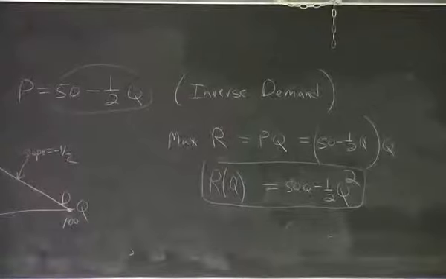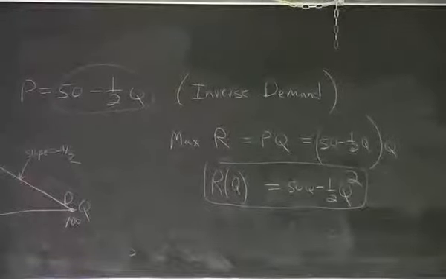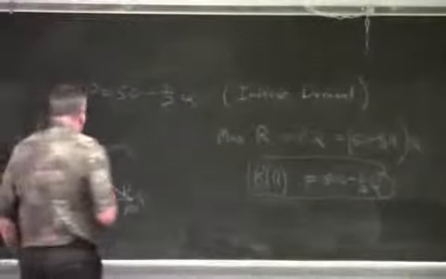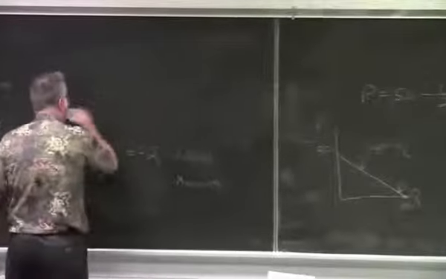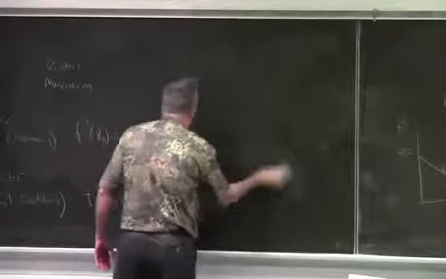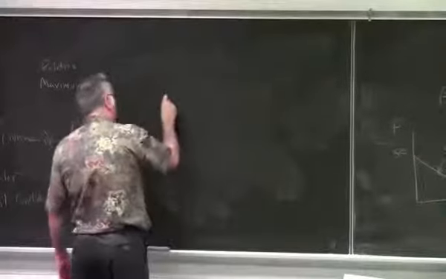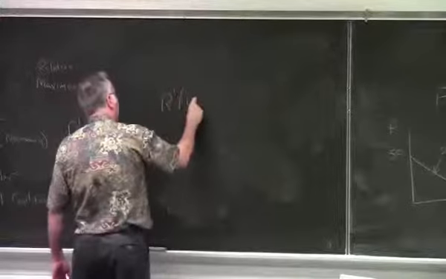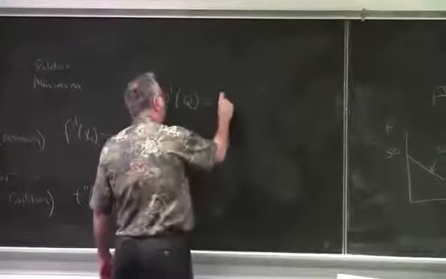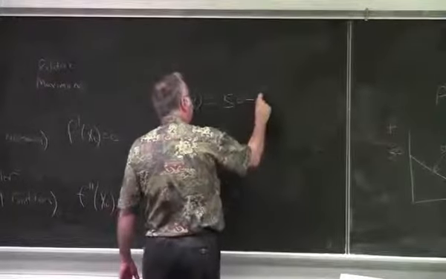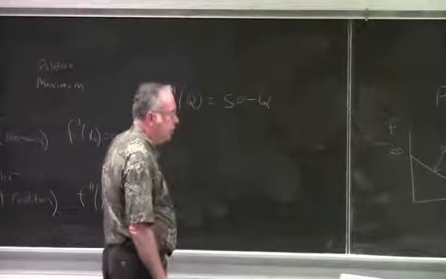Okay, and then, David, what do we do with that derivative? That's a good idea. Let's take the derivative. In fact, that is our first order condition. All right, so R prime of Q is just 50 minus Q, isn't it? If I differentiate that.